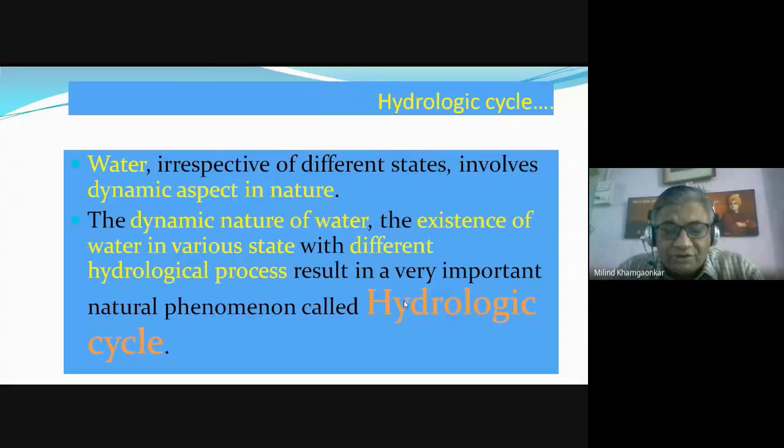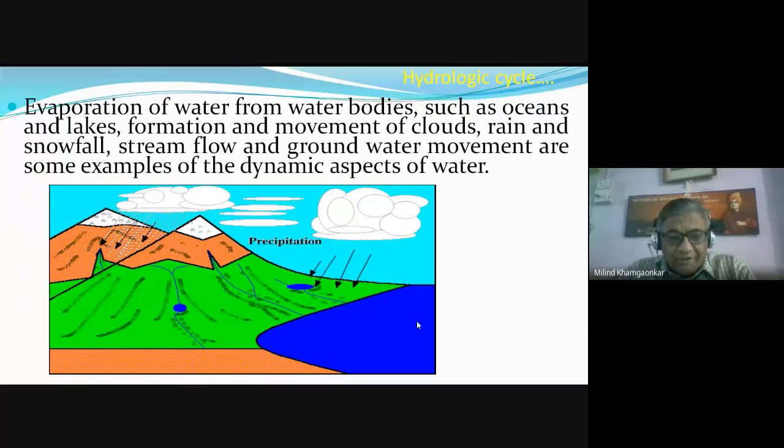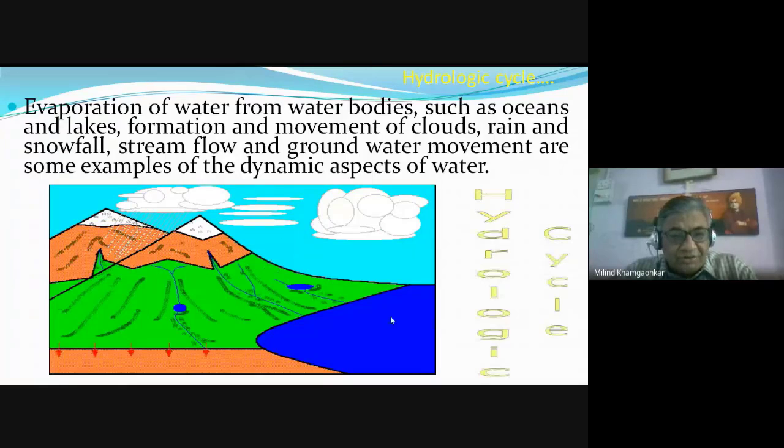by means of which the water in the liquid state gets converted into the gaseous state due to evaporation from the water bodies, like the oceans, seas, rivers, reservoirs, lakes, due to the solar radiation, due to the solar heat.